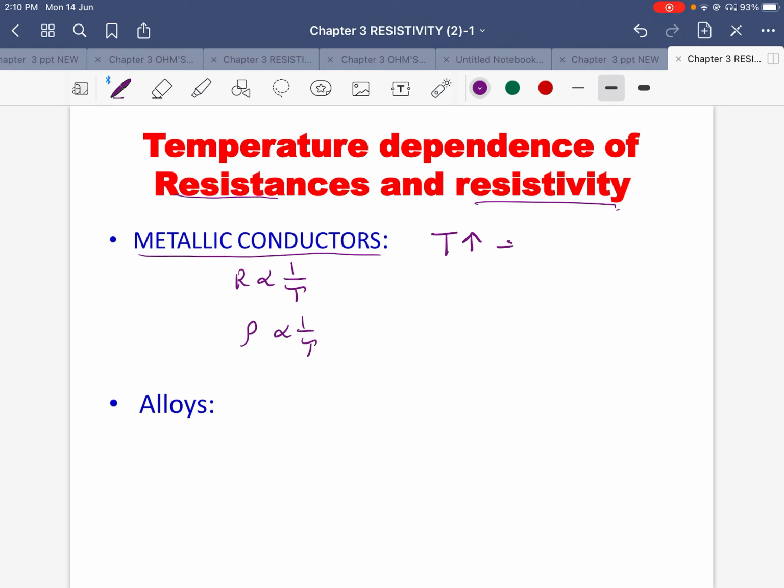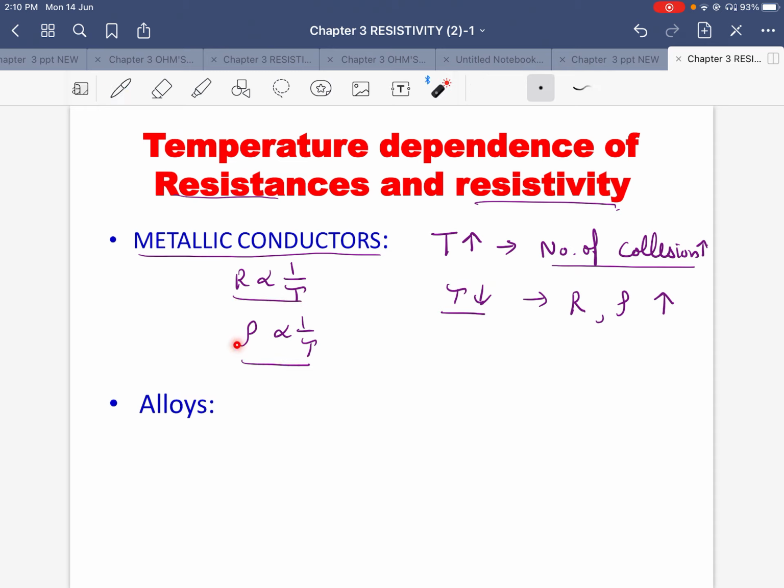Now if we increase the temperature, the number of collisions per second will also increase because of the increase in energy of free electrons, so the relaxation time will decrease. If relaxation time decreases, then resistance and resistivity of the conductor will increase, because resistance and resistivity are inversely proportional to relaxation time.